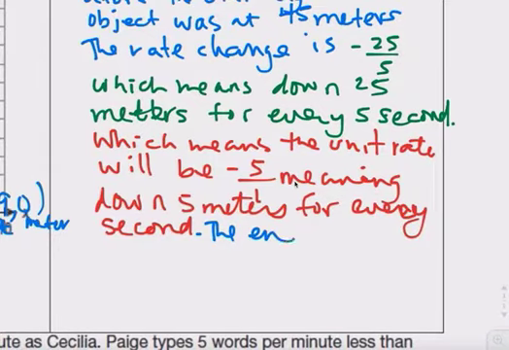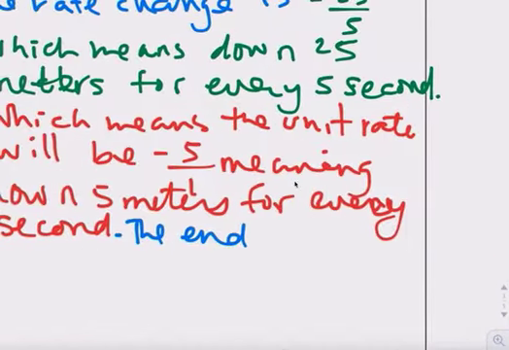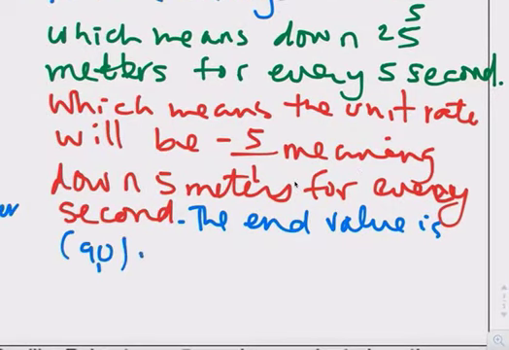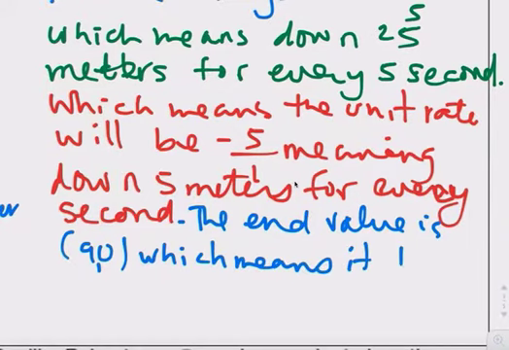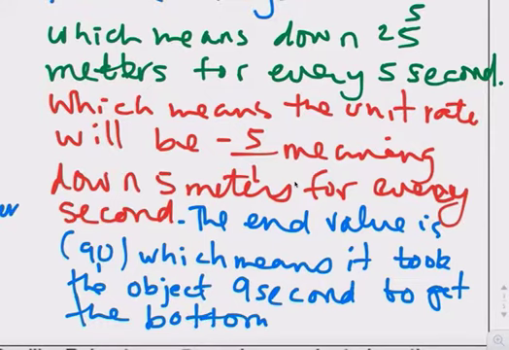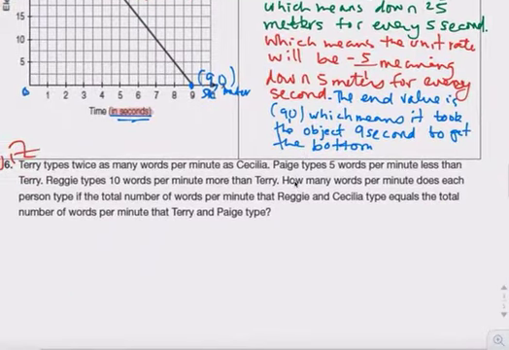The end value is 9, 0, which means it took the object or person 9 seconds to get to the bottom. There we go. Okay.